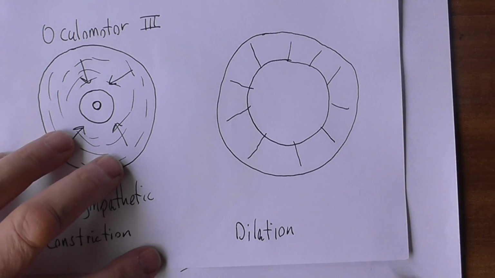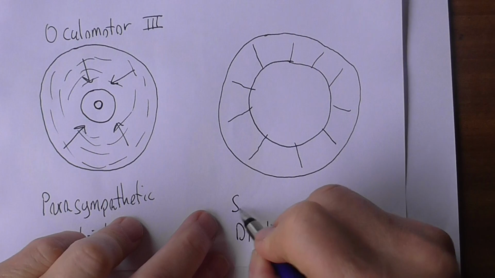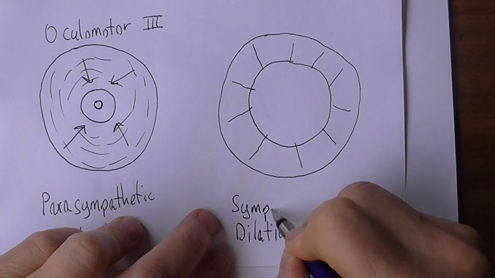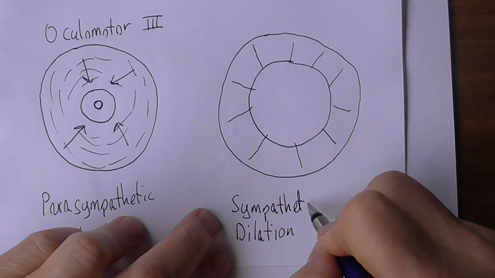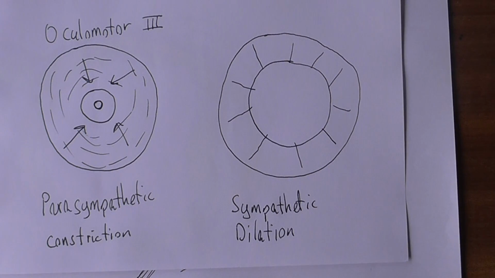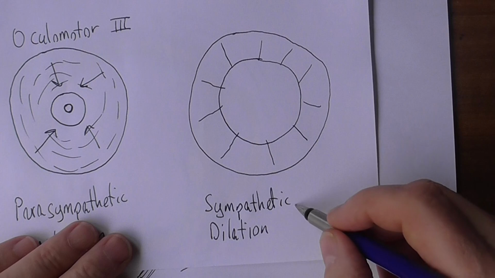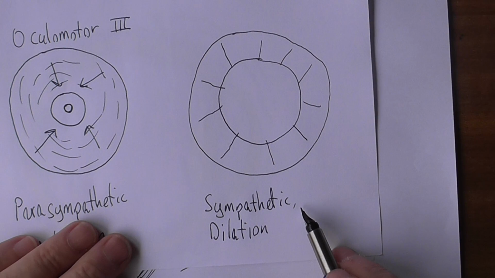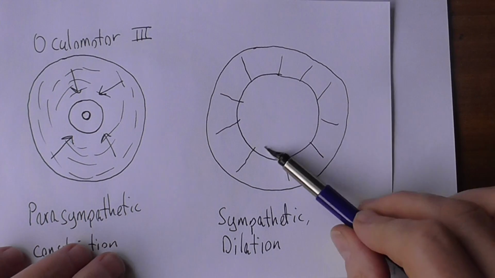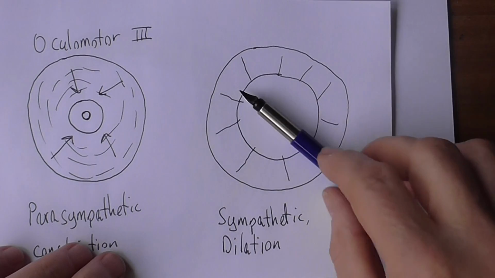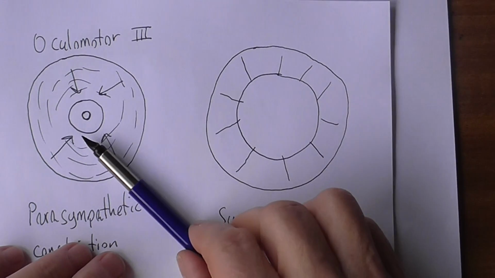And the interesting thing about this is it's under sympathetic control. The sympathetic nervous system widens and dilates the pupils. So the sympathetic nervous system, of course, is the fight or flight, emergency situations or excitement. We get dilation. Now, as we've said, this will naturally happen when we go into dark areas to let more light in, just as constriction will naturally happen when we're in bright light.